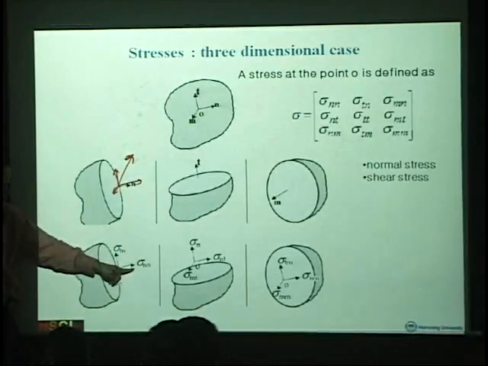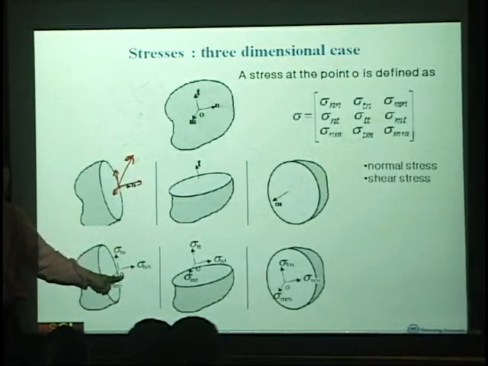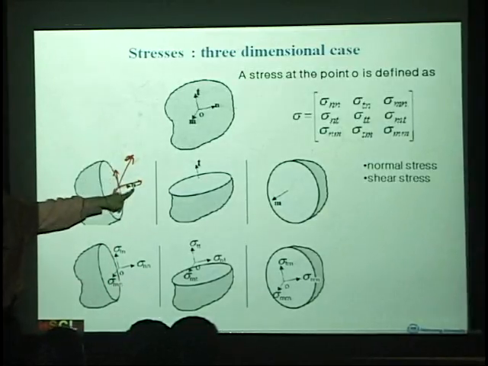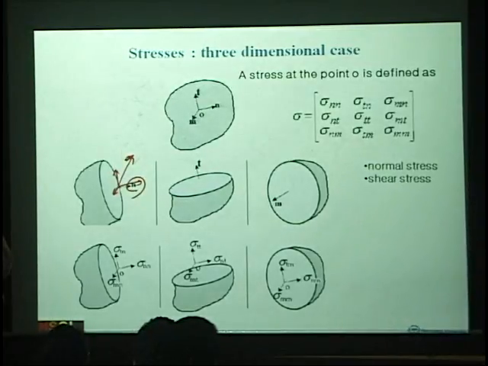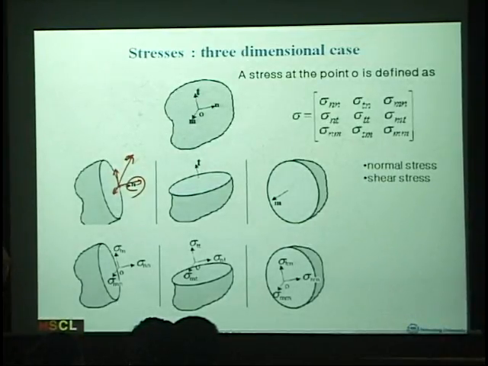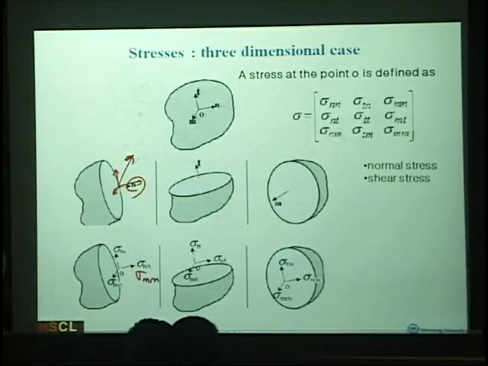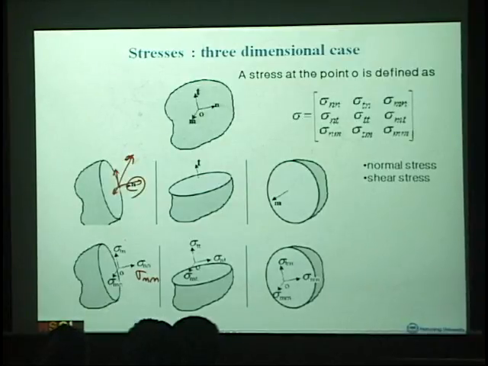And pay attention to these three components. This is the N direction, right? Pay attention to here, N. Now I'm going to call this one sigma N, N. And this one is called sigma T, N. And this one is called sigma M, N. And this second index, what does it mean?